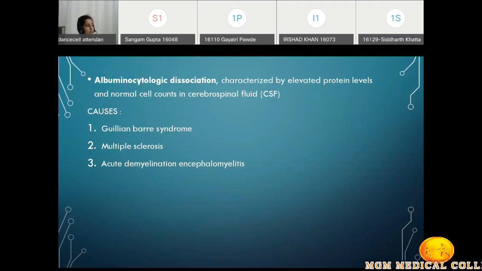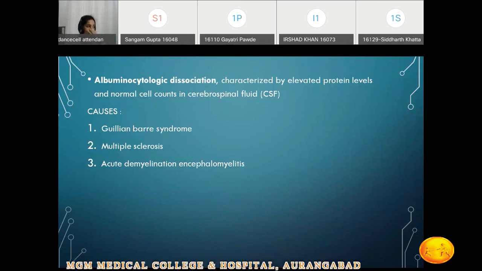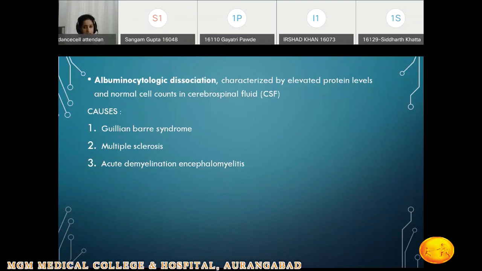So all of the white matter formed by myelin sheath undergoes degradation and it appears in the CSF. The disease has a highly progressive course and it is usually fatal. It leads to seizures and coma. So ADEM, acute disseminated encephalomyelitis.